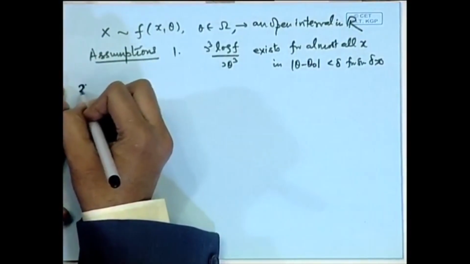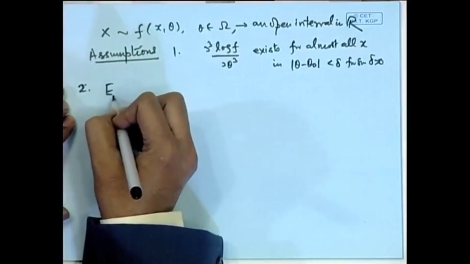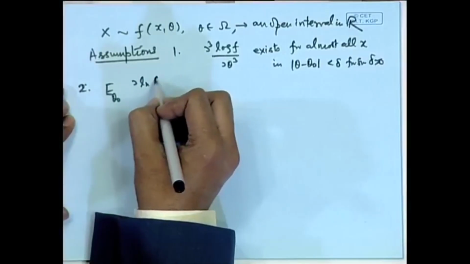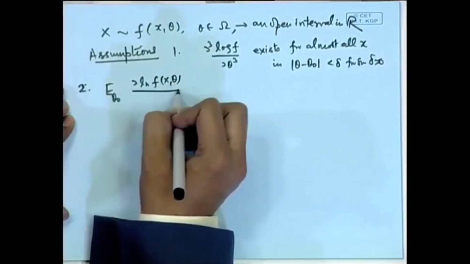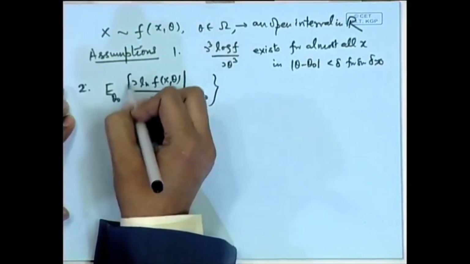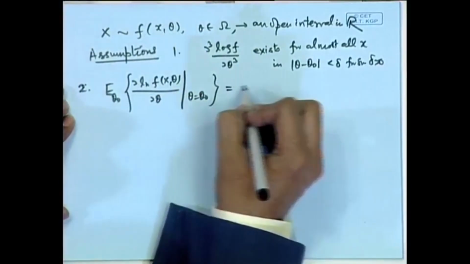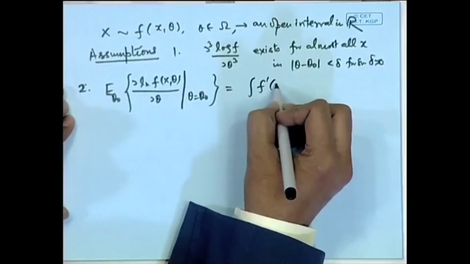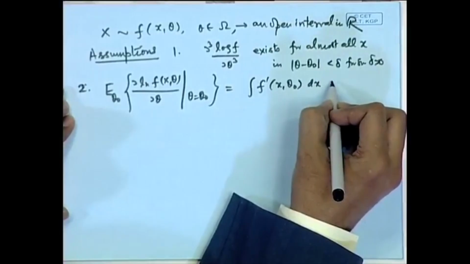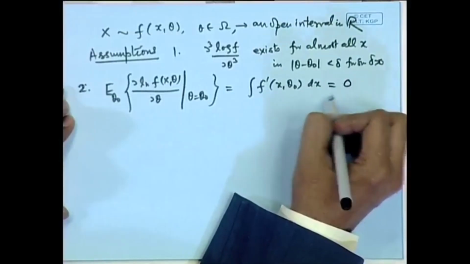Second assumption is that at a point theta naught, this expectation becomes 0. Basically, it means that the density can be differentiated under the integral sign.